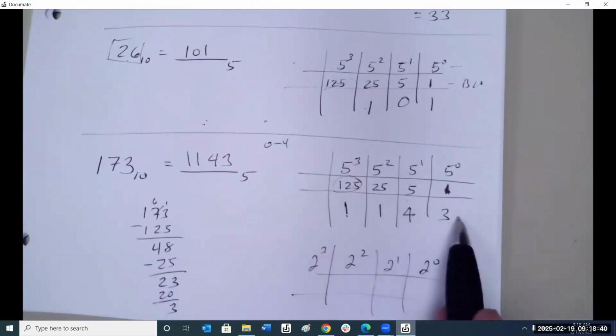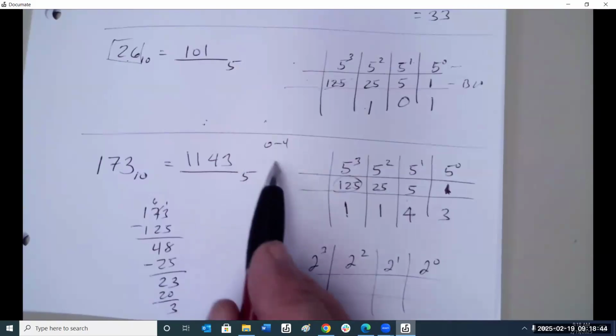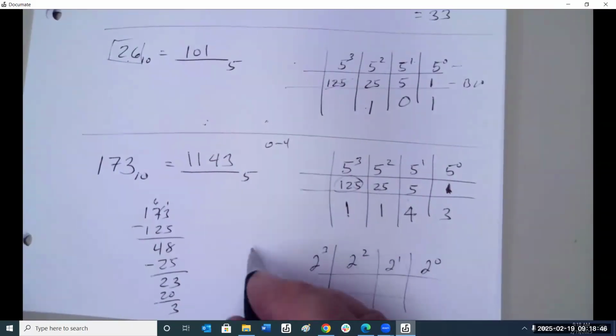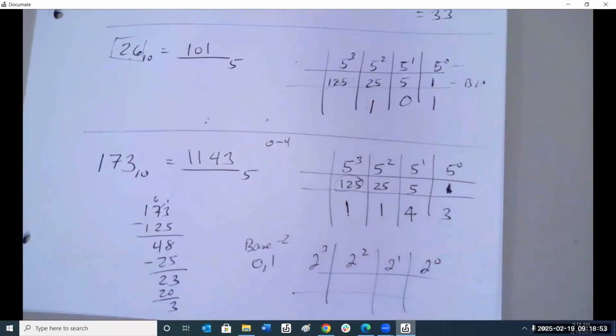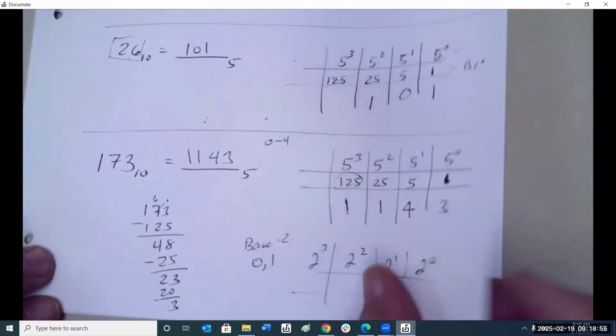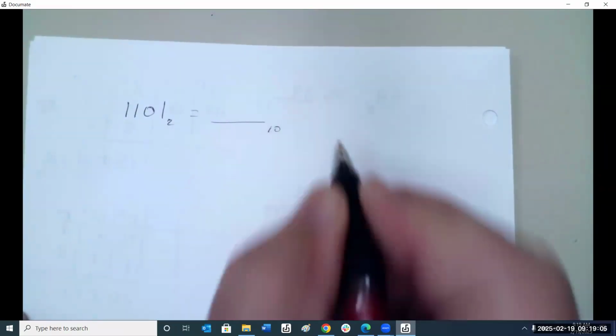In base 5 I can use 0 through 4, but in binary, in base 2, it's only 1s or 0s. For example, 1101 base 2 is what in base 10?